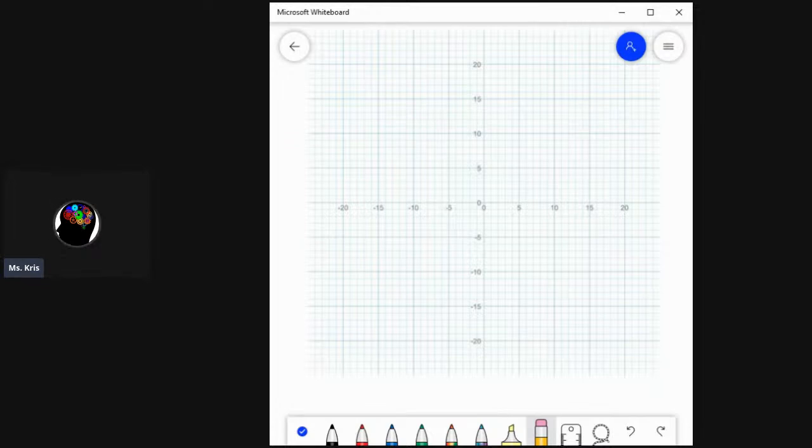Positive 5, comma 5 is going to be in quadrant 1, and I'm going to go to 5 on the x first, and then 5 on the y second, and plot my point.